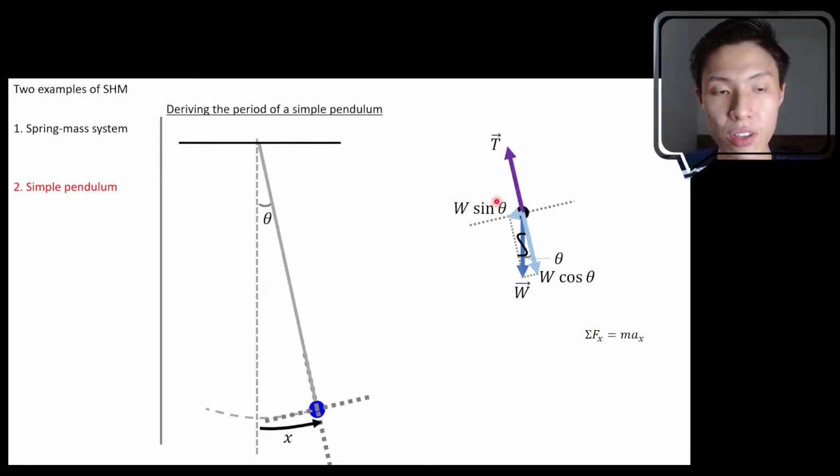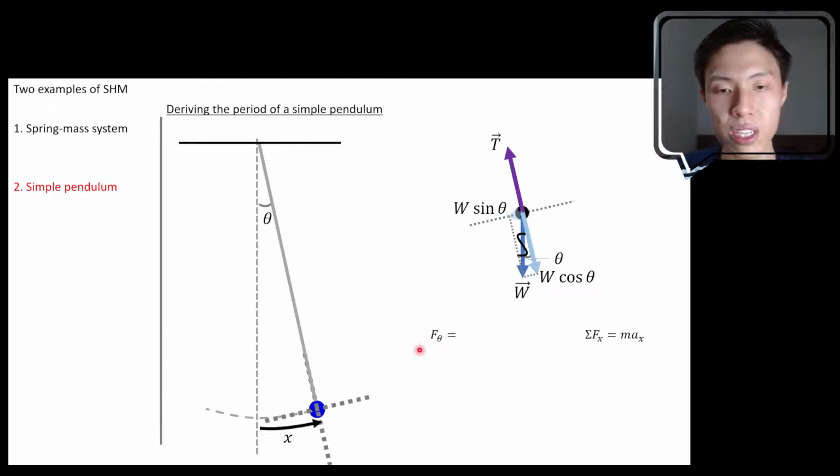So now let's try to determine this force over here. What is its x component? Okay, so this is the force we are interested in. We will call this force F theta because as you change your theta, your force will change. It's just a name.